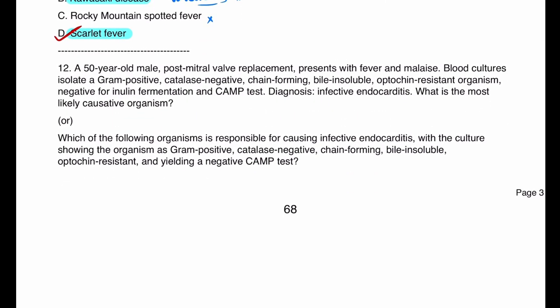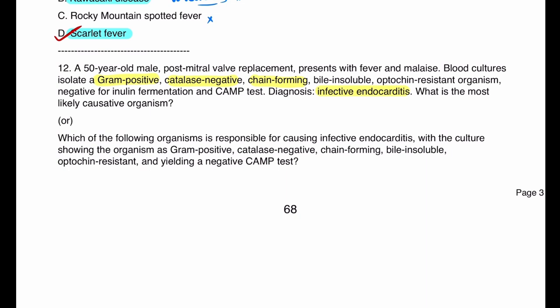Here they have asked about a gram positive, catalase negative, chain forming bacterium. A post mitral valve replacement patient presents with fever and malaise, and diagnosis of infective endocarditis is made. What is the most likely causative organism?